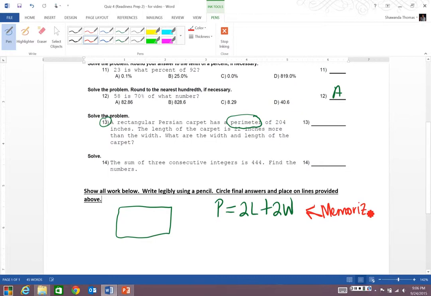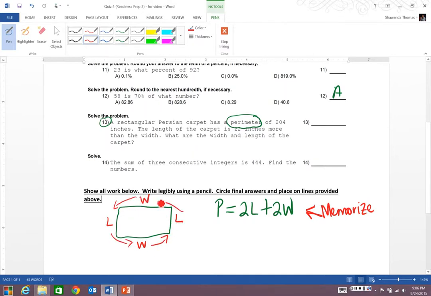However, if you forgot the perimeter formula, you can always come up with it. If you draw a rectangle, you realize that you have width and length. What you could do is just add up all the sides, right?